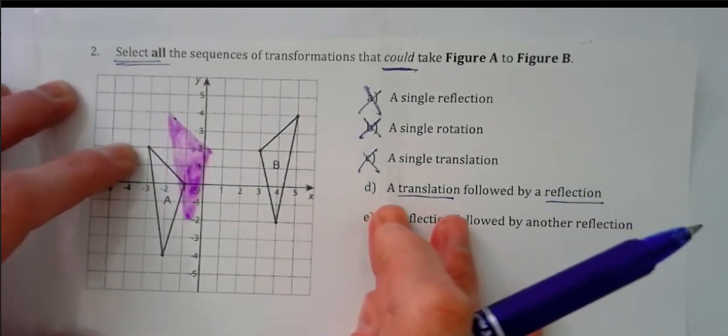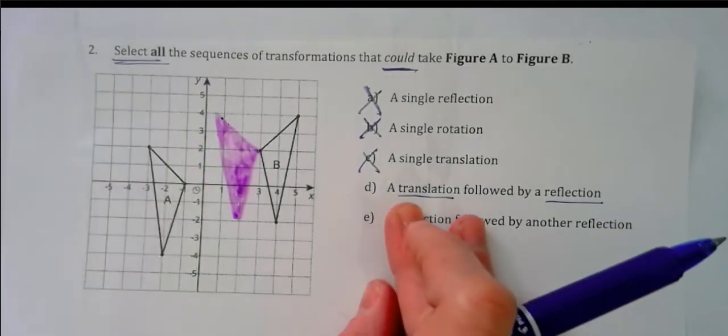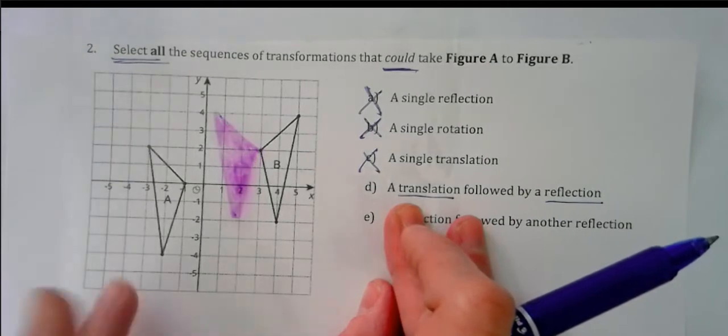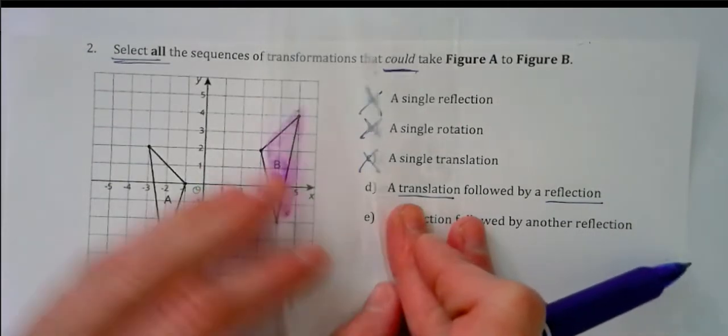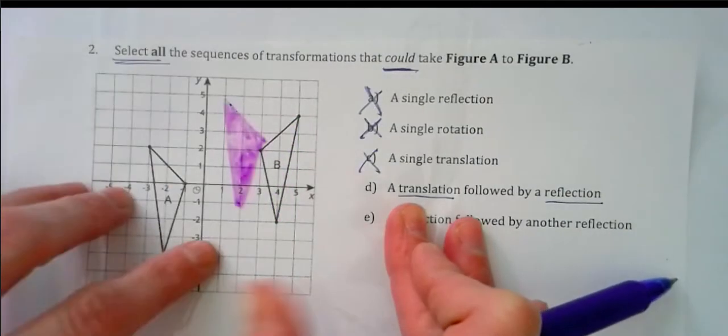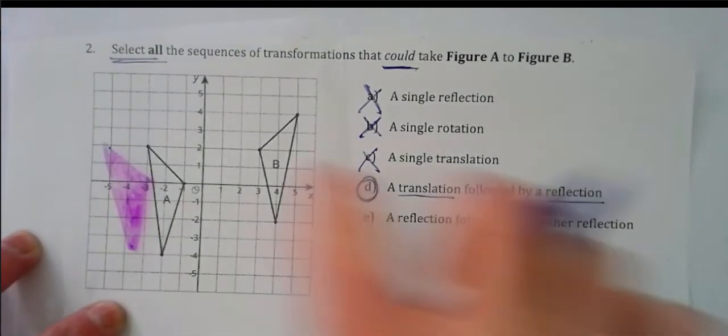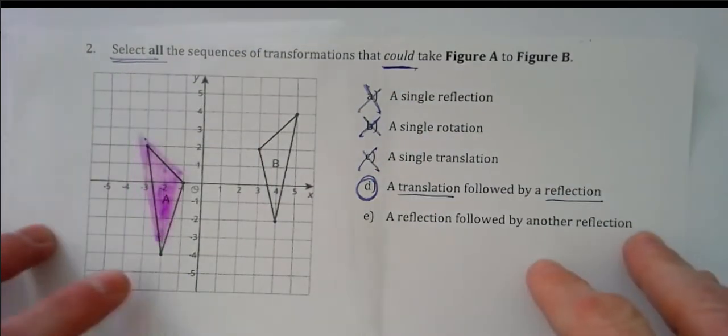And I could go up 2, to the right 1, 2, 3, 4. Now from here, if I reflect, they match up. So D could work. Remember, we're selecting all that could work.